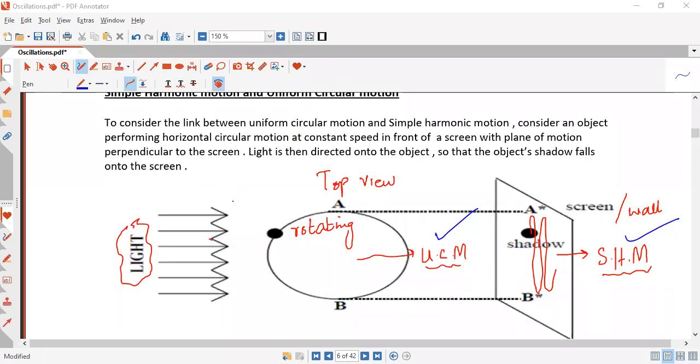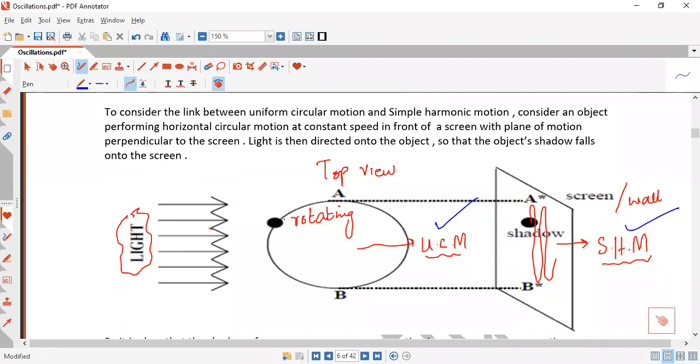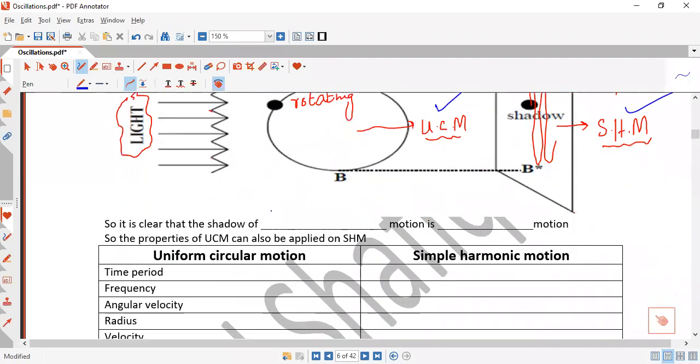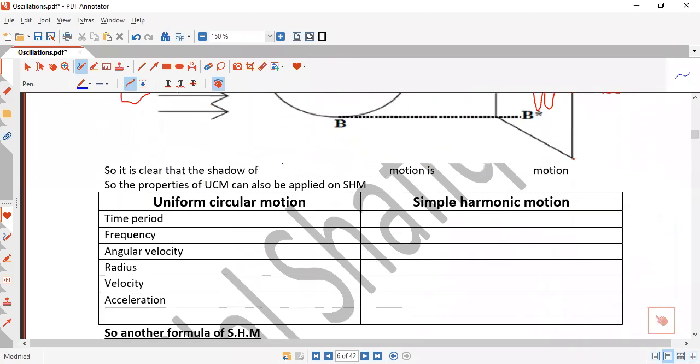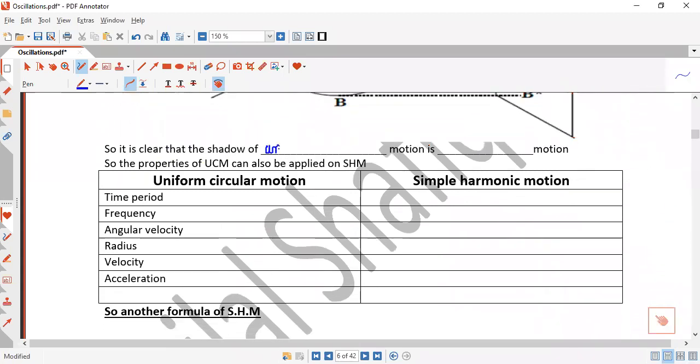Okay. So students, whatever are the properties of uniform circular motion are going to be the properties of simple harmonic motion. So it is clear that the shadow of uniform circular motion is simple harmonic motion. If the time period is something in uniform circular motion, then the time period is the same for simple harmonic motion.